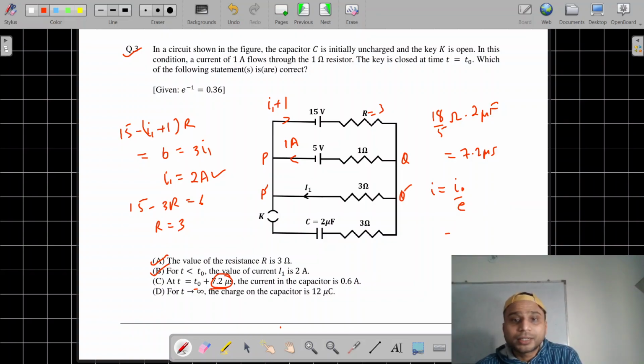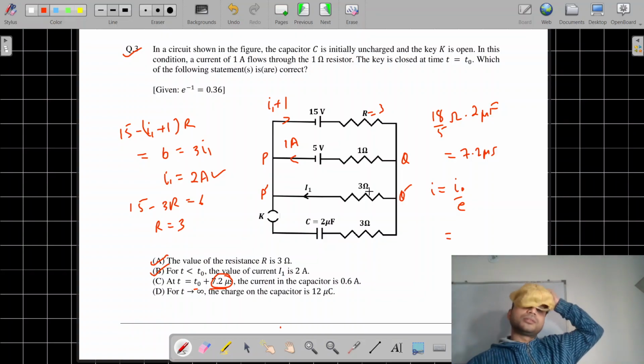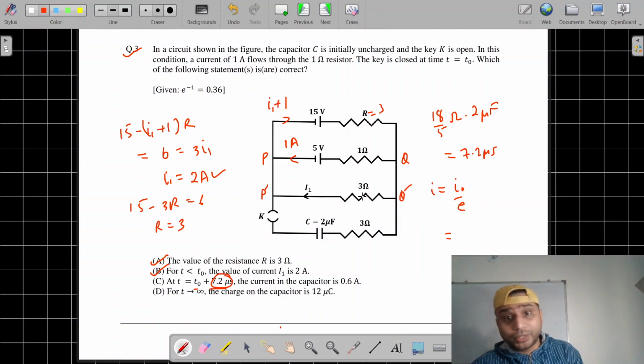What is the maximum value of current in the circuit? The maximum value is when the capacitor is uncharged. In the uncharged state, the current in the circuit would be such that this 3 ohm and 3 ohm become parallel, and we have already established the potential difference across points P and Q. The potential difference across P and Q is 6, and the equivalent resistance of these two resistors is 1.5.